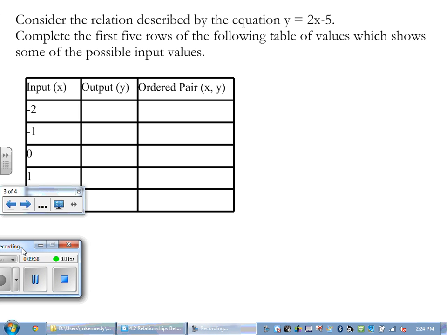Your ordered pair should have been negative 1, comma negative 7. Wait 30 seconds, we're almost done. We should almost be done filling in that entire chart.